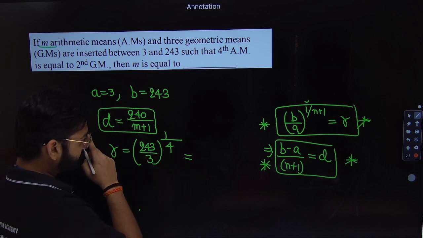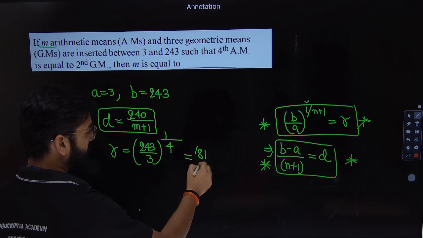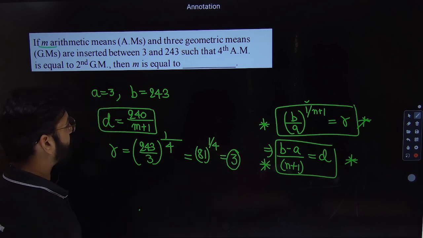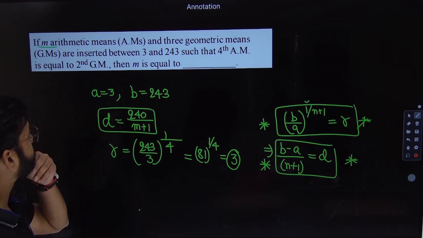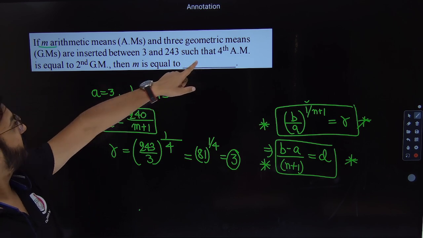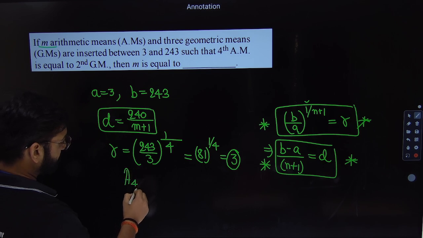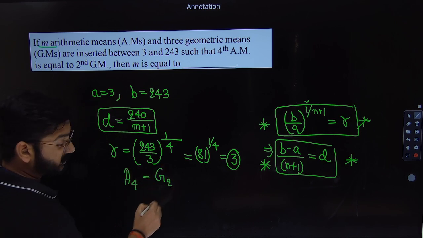What is 243 by 3? 81 to the power 1 by 4. So we have common ratio also, and we have common difference. Now fourth AM is equal to second GM. So A4 is equal to G2.